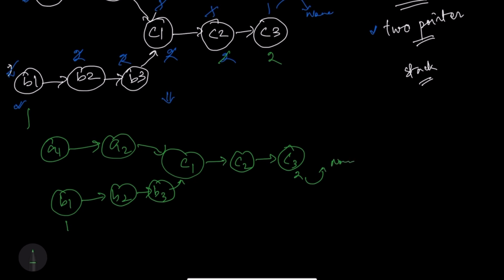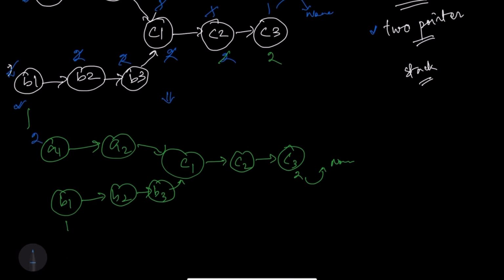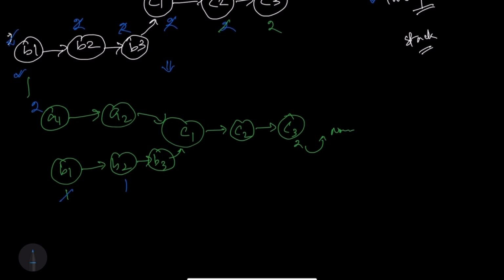As soon as our 2 is none, our 2 will be assigned here. Our 1 will go here. Then our 2 will come here, our 1 will go here. Our 2 will come here, our 1 will go here. So this is the point where they both will meet and then we can return this point. So this is how we do it with the help of two pointers.